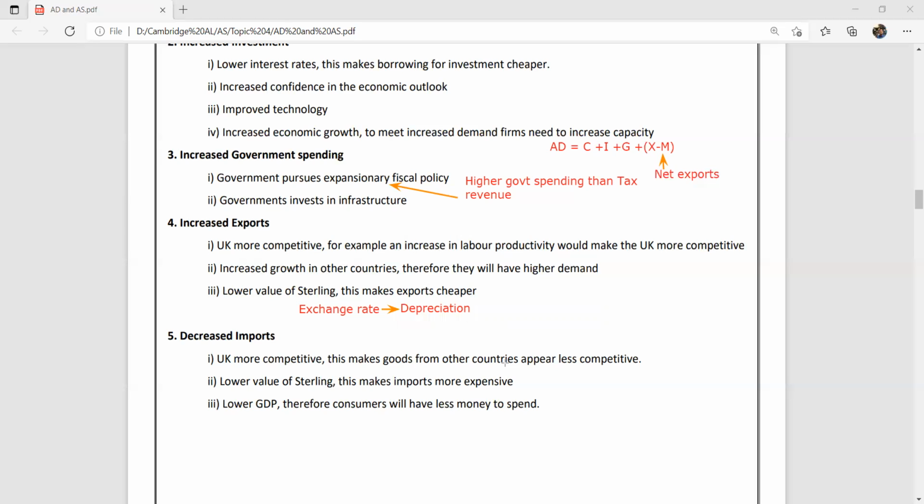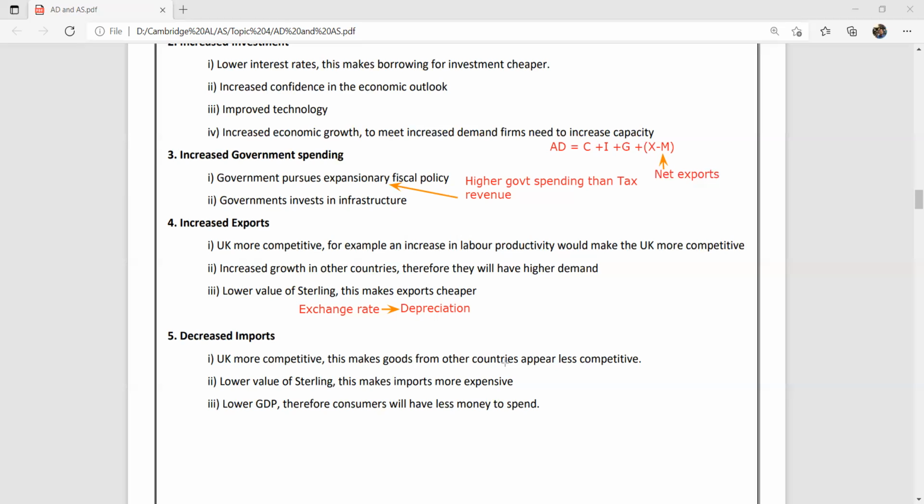Next, decrease in imports, the way of reducing imports. UK becomes more competitive. This makes goods from other countries appear less competitive. If a country like the UK is performing well, they do not need to import goods from other countries because the country produces better quality products.